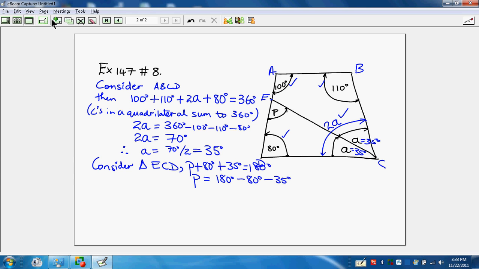So P plus 80 plus 35 is equal to 180 degrees because we are looking at the triangle ECD and we're adding up the internal angles. And that, of course, is because the angles in a triangle are supplementary.